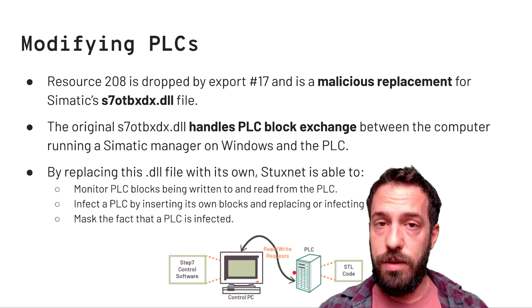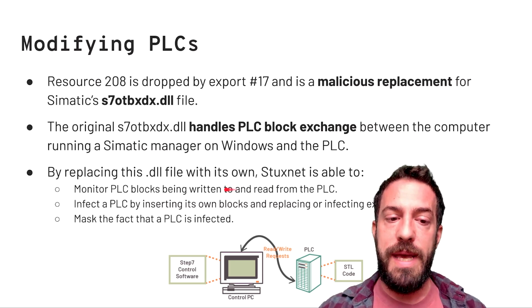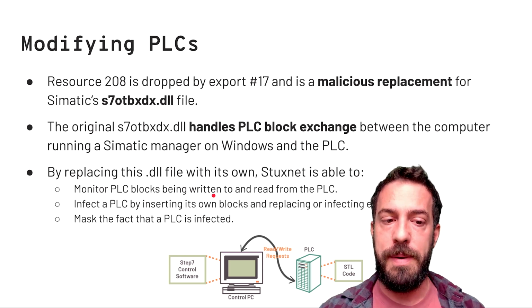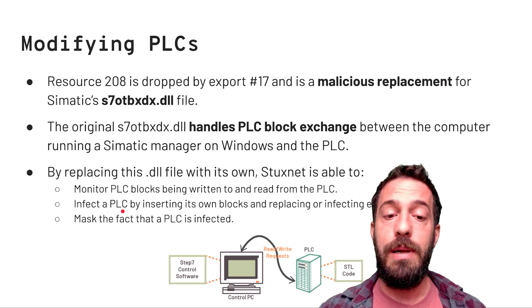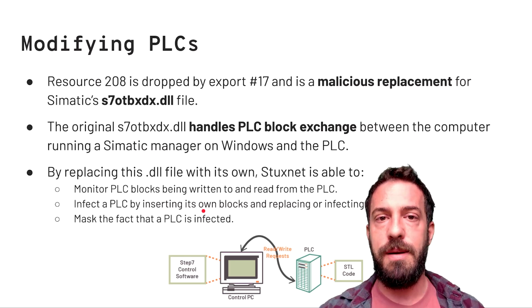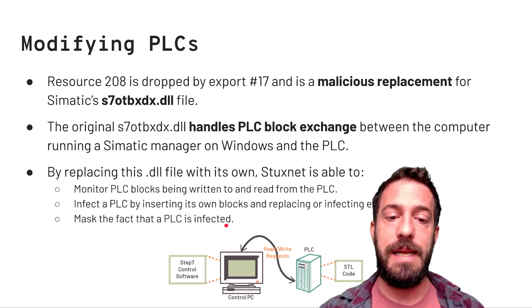So you would call a function of the DLL to communicate with the PLC. What Stuxnet did was replace the DLL with its own DLL, so it was able to monitor all the PLC blocks written to and read from the PLC. It was able to infect the PLC by inserting its own blocks and replacing existing blocks, and it would also mask the fact that the PLC is infected.